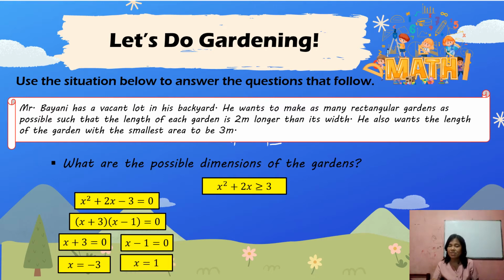After having the critical values, we can now plot these points on a number line. Negative 3 is here, and 1 is on the other side. Since there is an equal sign, we are going to use solid circles. Now let's write our intervals.